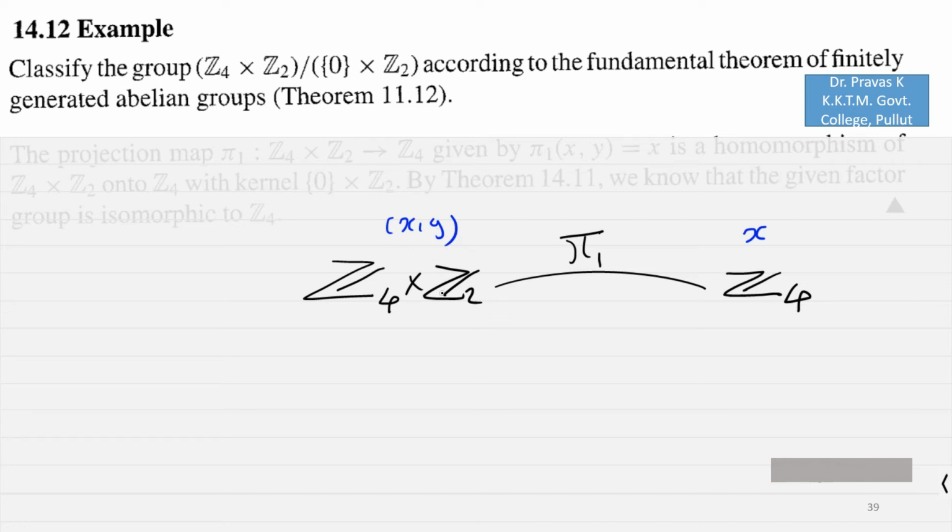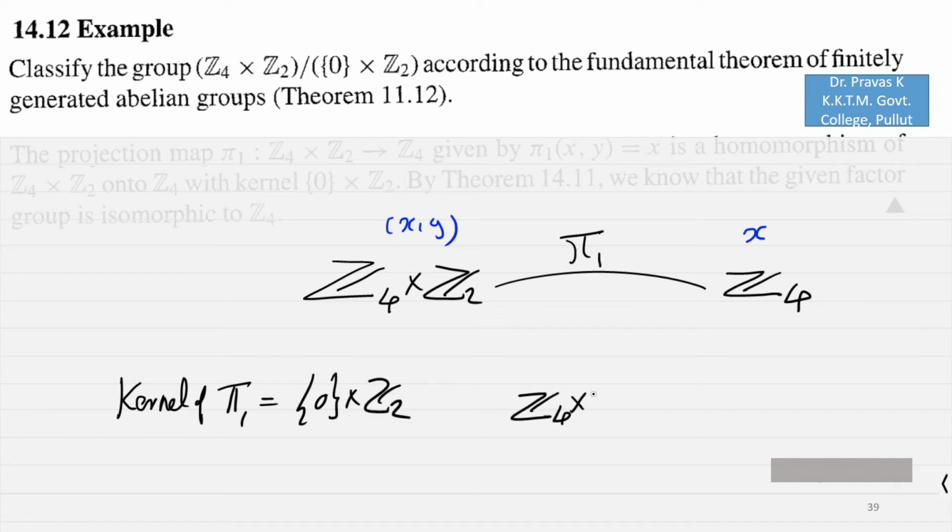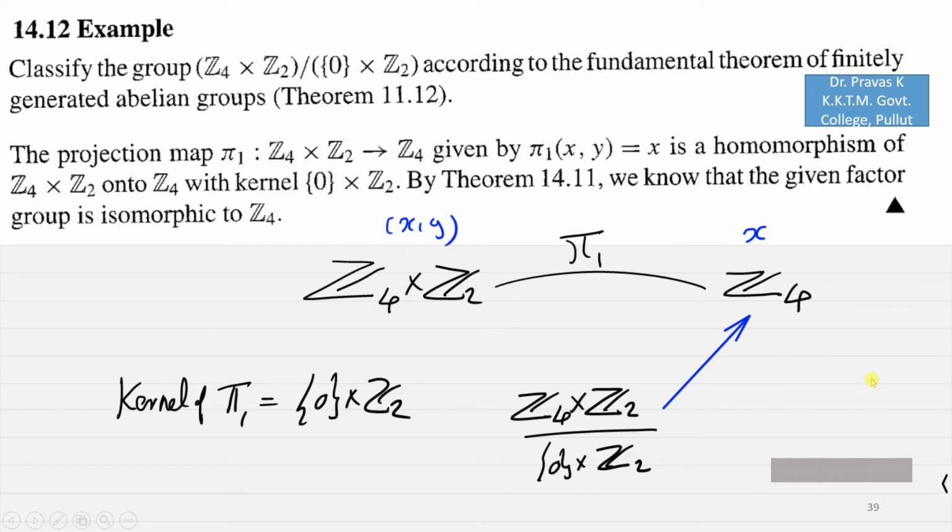So pi1 is a homomorphism since it is a projection, and the kernel of this projection is 0 cross Z2. Now we apply the previous theorem, and we have Z4 cross Z2 over the kernel, that is 0 cross Z2, is isomorphic to the image of pi1, that is Z4.